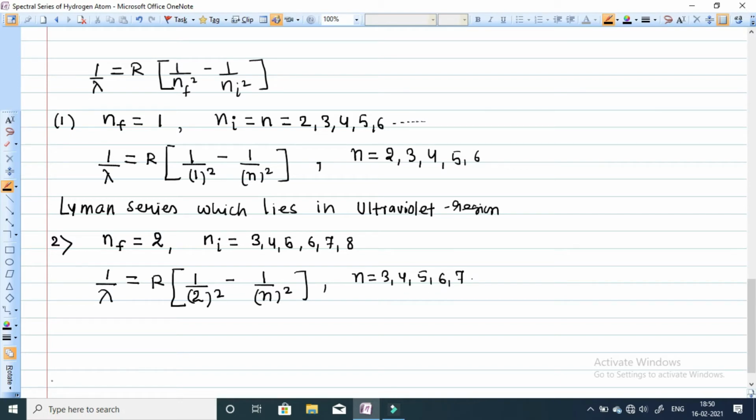This series that we have obtained lies in the visible region, and this series is known as the Balmer series, which lies in the visible region.